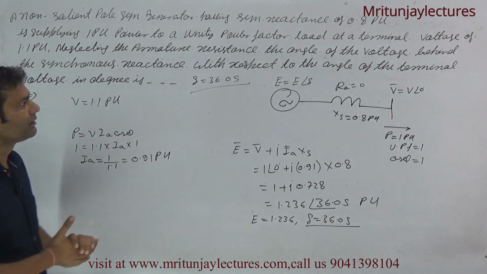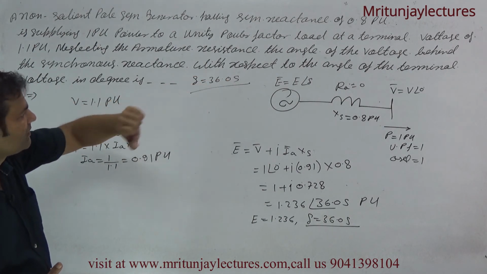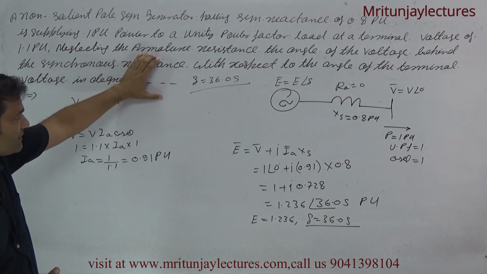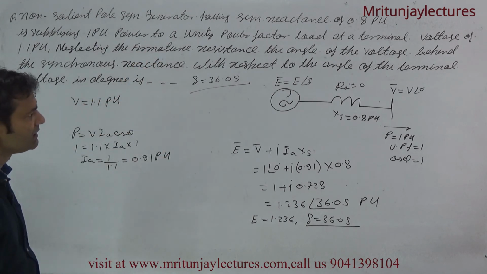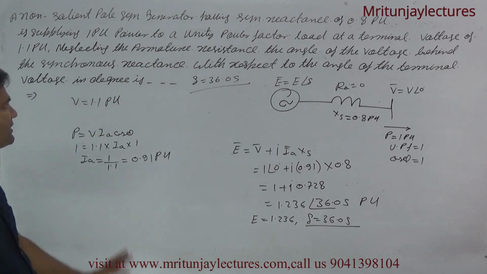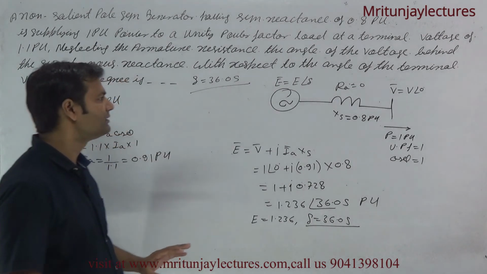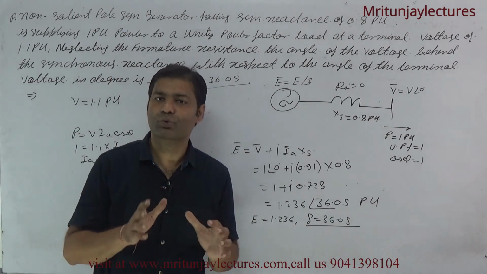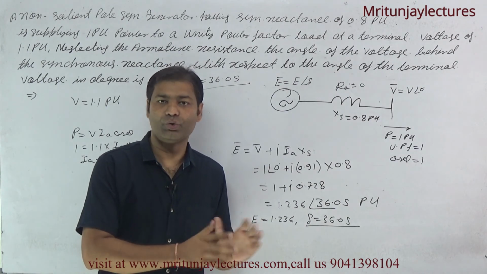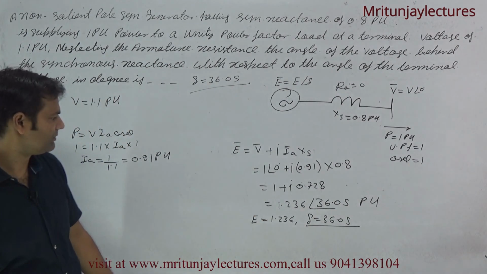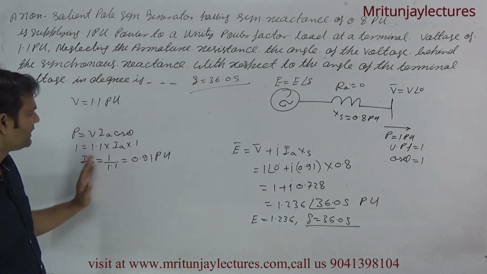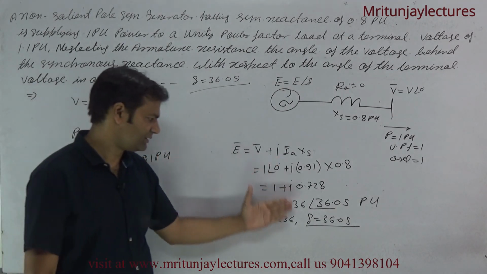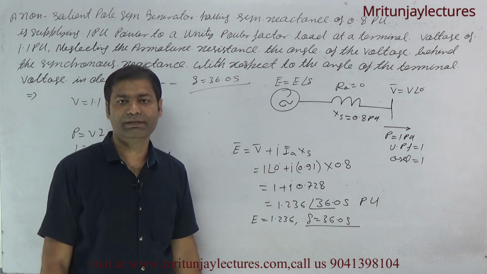Okay, unity power factor load at the terminal voltage of 1.1, neglecting armature resistance, the angle of the voltage behind the synchronous reactance with respect to the angle of the terminal voltage in degrees is, we are focused on the load angle. Basically we are focused on the load angle. What is the load angle? We got it with the help of this formula, P is equal to V Ia cos theta. So with the help of this formula we got Ia. After that, putting this value we got delta and the excitation voltage also.